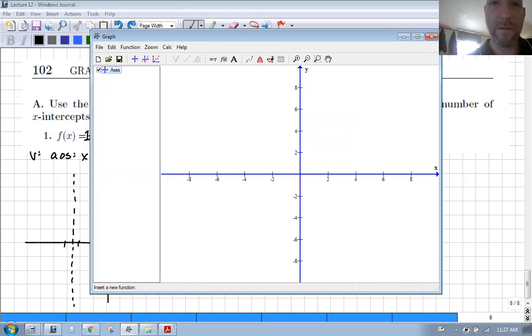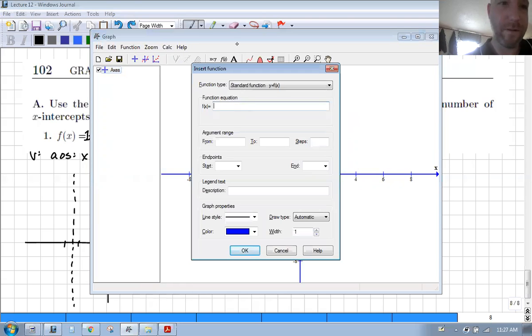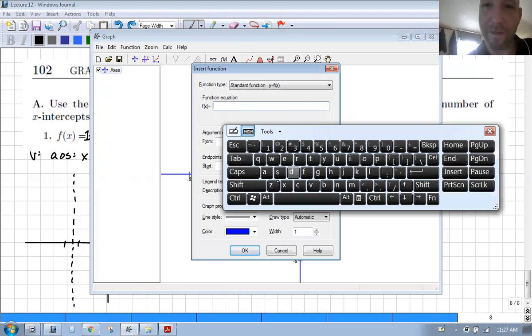Insert. There we go. What was our function? X squared plus 5x plus 4.